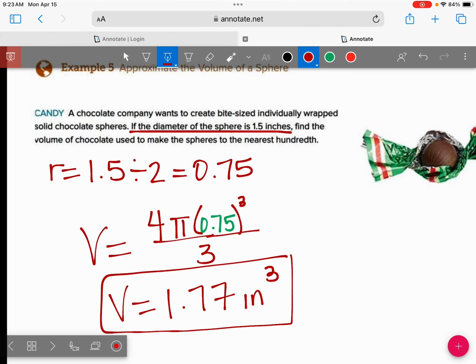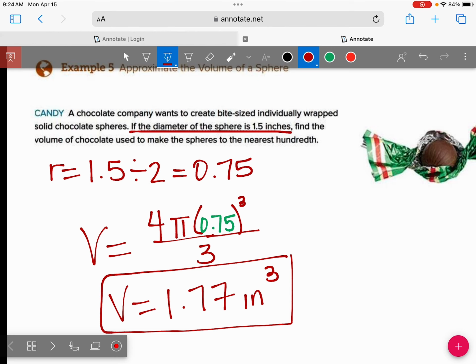All right, so the cube button is under the square button. It looks like an up, or it might be above it. Let me see, is it above it or below it? It's above it. It looks like an upside down V. Okay, so it's the fraction button. Then type 4 pi, and then 0.75.